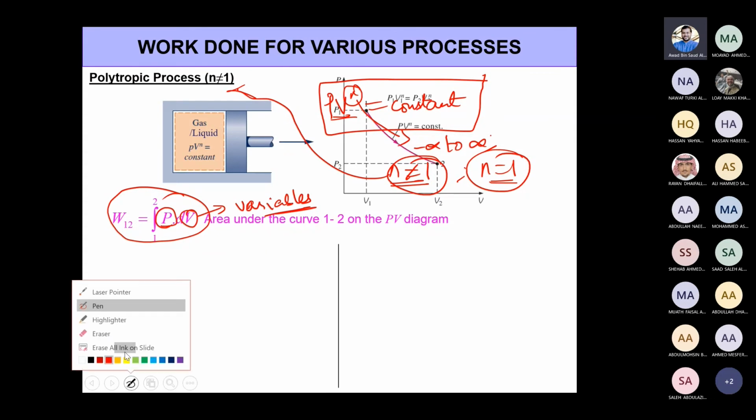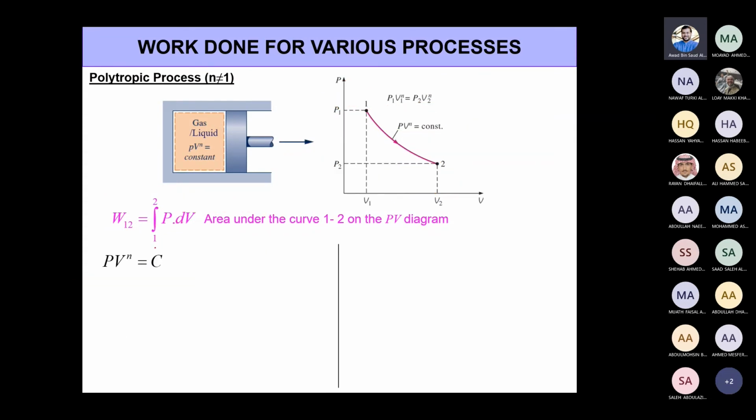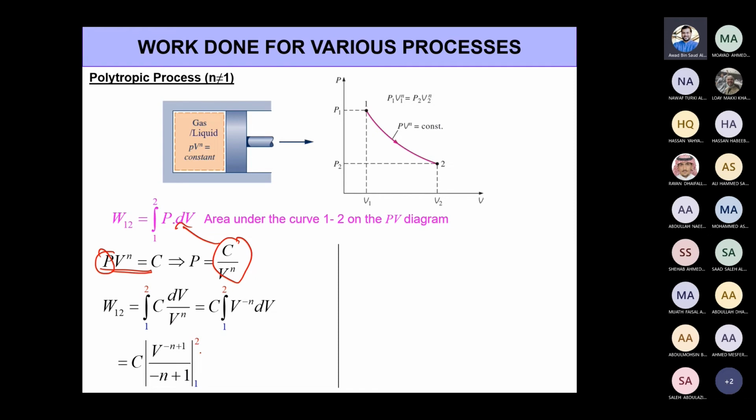So basically, what we're going to do is take PV^n equal to constant, which holds for all polytropic processes. Ultimately, we want to write pressure in terms of volume and substitute that. So pressure in terms of volume becomes pressure equals constant divided by volume raised to n. Now we plug this into this equation, and this is what you get. When you integrate it, you end up with this sort of an expression.